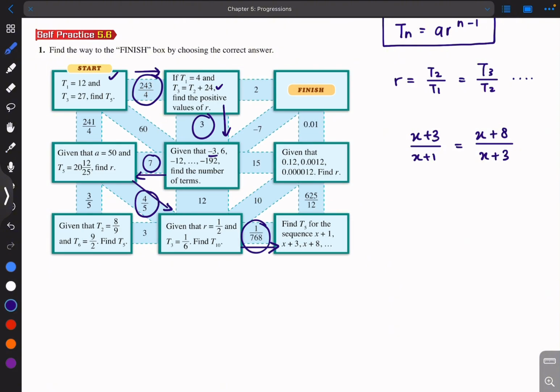You just have to cross multiply. So here it becomes x plus 3 squared equals x plus 1 times x plus 8.